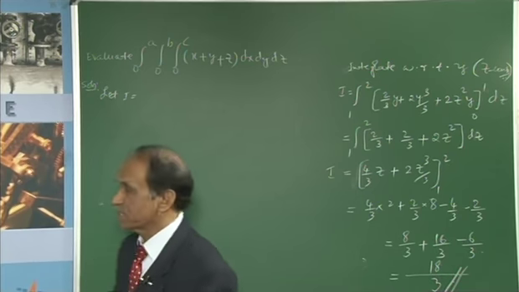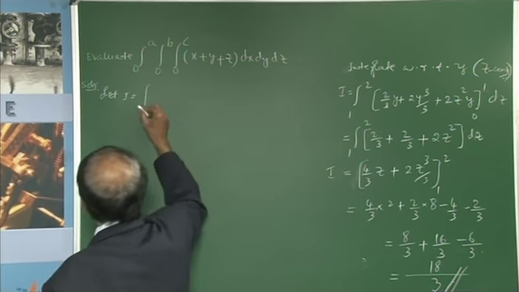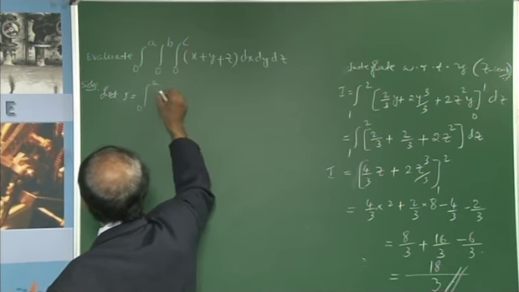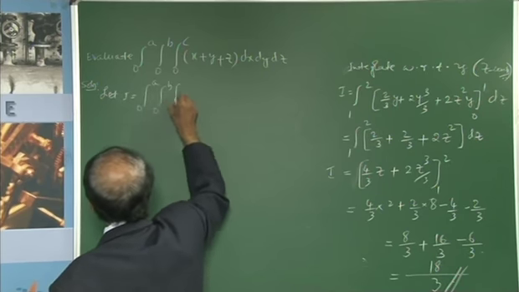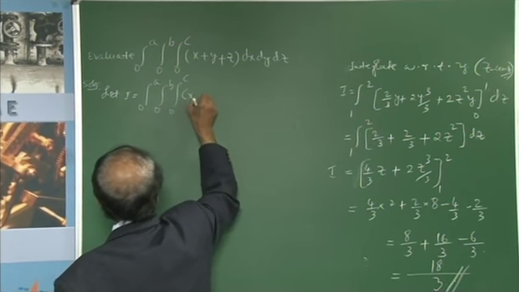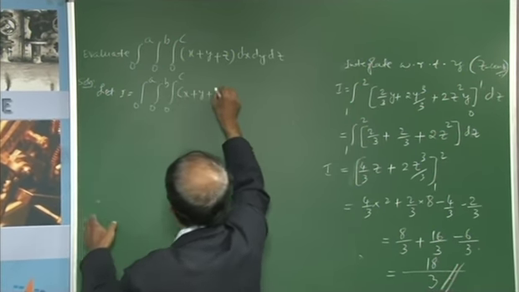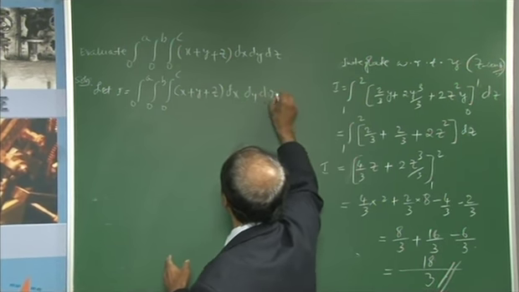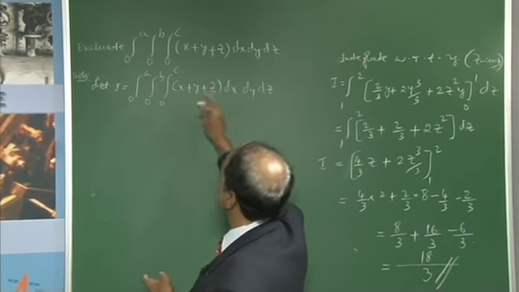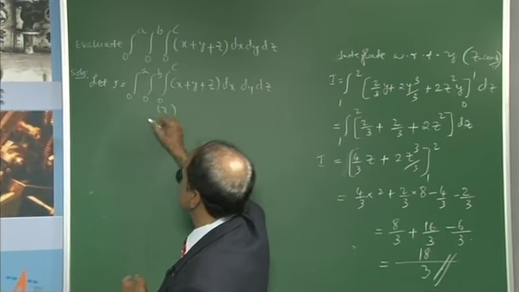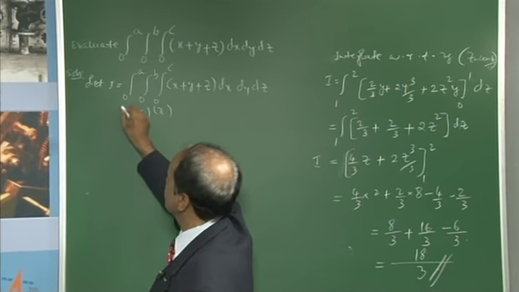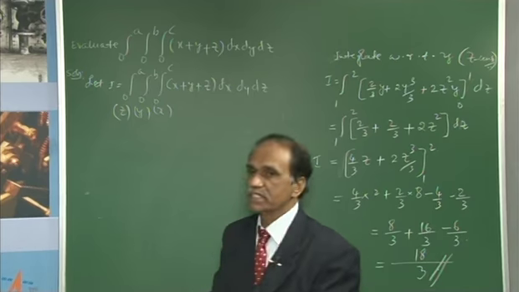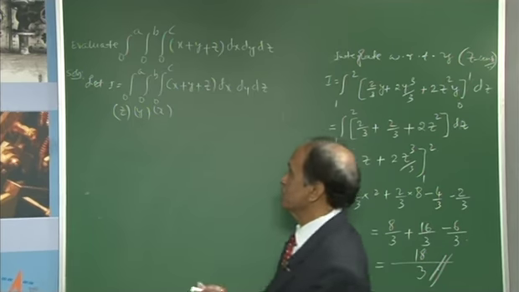These are arbitrary constants. Let us denote this one as 0 to a, 0 to b and 0 to c, x plus y plus z, dx, dy and dz according to the given order. This will be for x and this will be for y, and the outermost integral will be with respect to z.